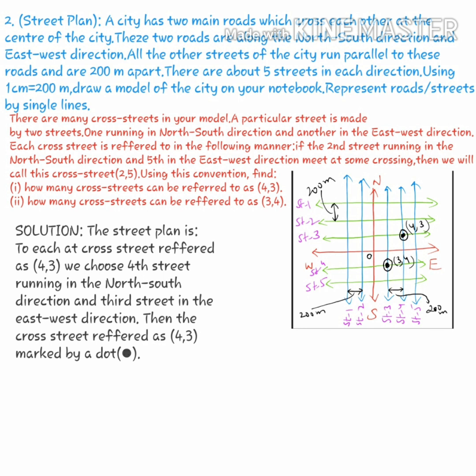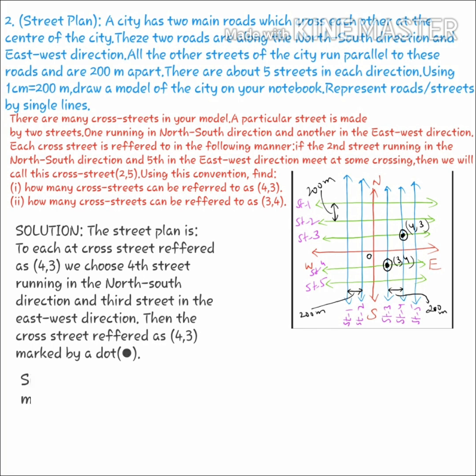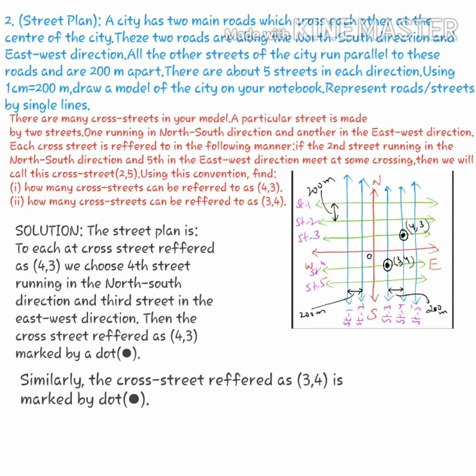Check what the 4th street in the north-south direction is. It is marked exactly on the right side of the north-south direction, street number 4. And secondly, you have to check where 3 is. 3 means the 3rd street in the east-west direction. It is given clearly as 4, 3 on this diagram.